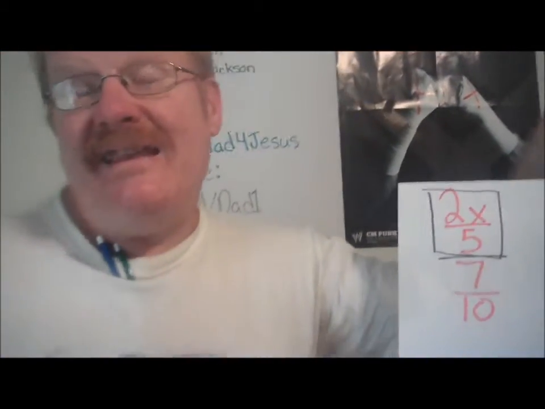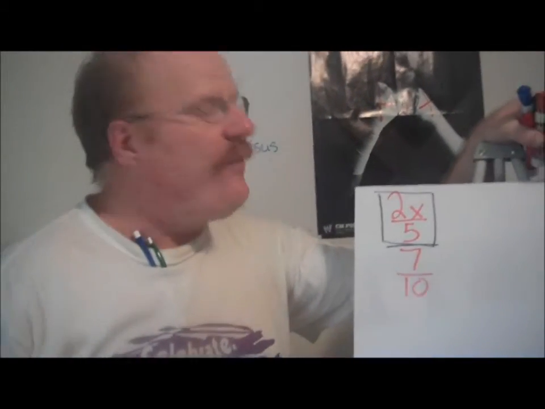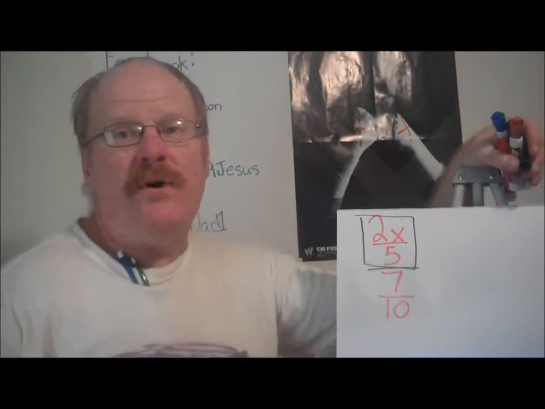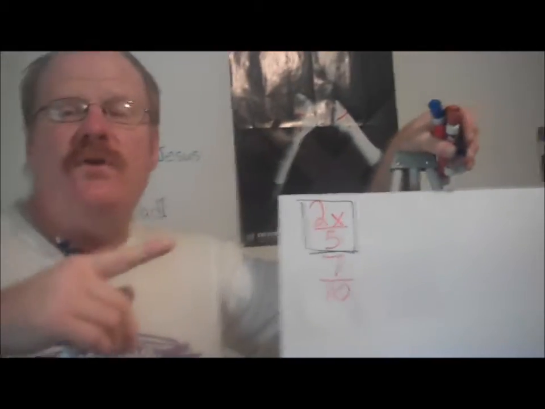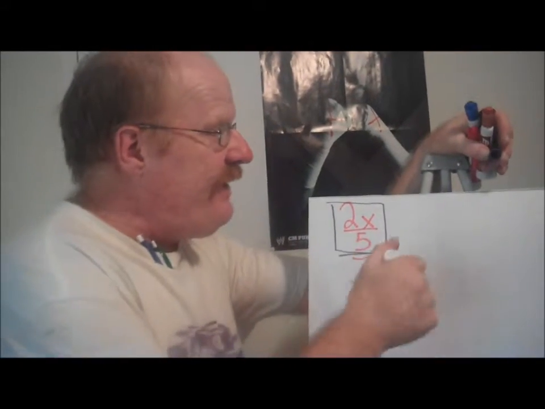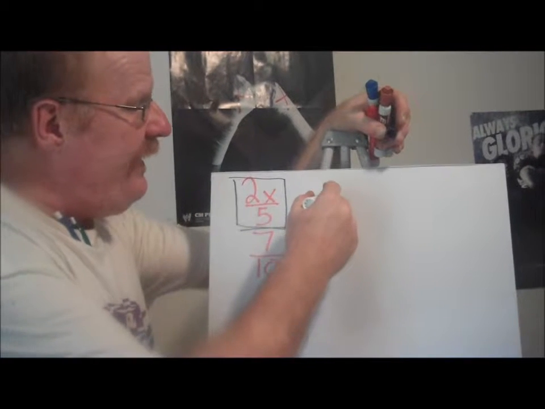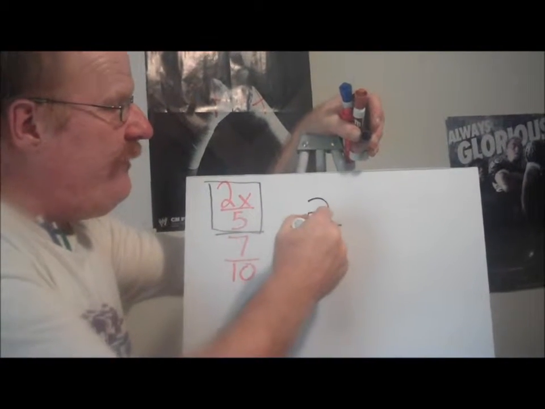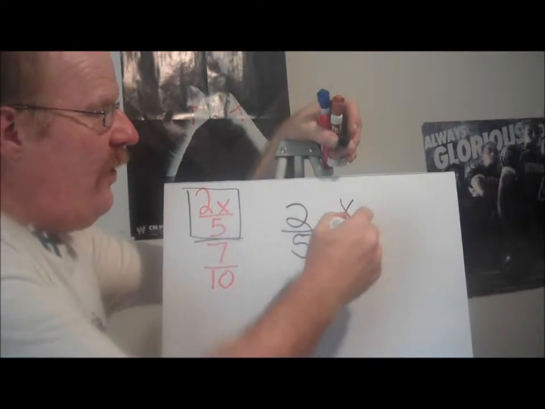It could be any number, and even though it's an x, don't let that throw you. I like to let my students use the bar and 1 to make it look like the fraction. So really what we're talking here, folks, is 2 over 5 times x over 1.